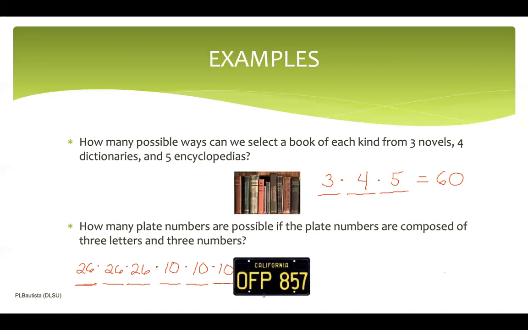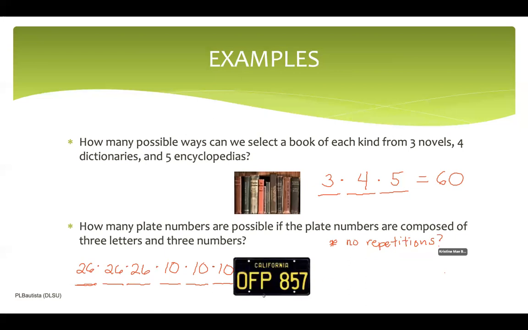Now, what if the question is how many plate numbers are possible if you cannot repeat letters and you cannot repeat numbers? So what if the question is how many plate numbers are possible without any repetitions?